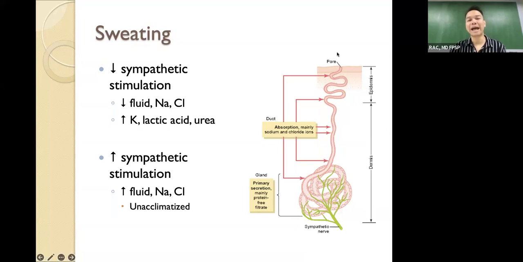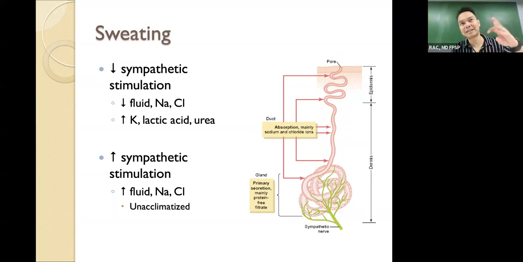So when sweat comes out, less fluid, less sodium, and less chloride will be found in the sweat. You have greater concentrations of potassium, lactate, and urea. I'm sure many of us, or all of you, have experienced that when we sweat, it's a little bit sticky.